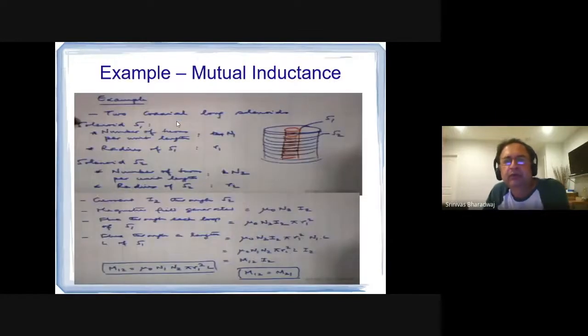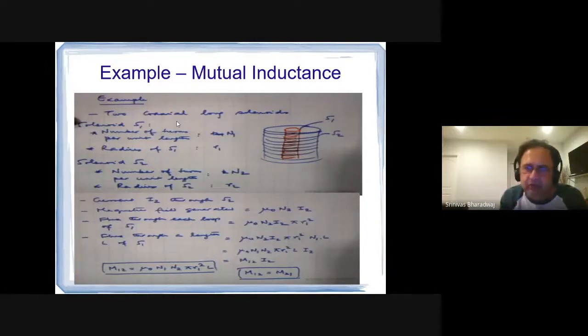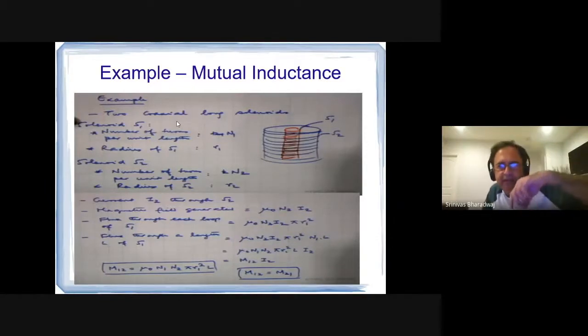Okay, so here are two long solenoids. There is an inner loop which is wound and an outer loop which is also wound. Now you pass a changing current in one, and it produces a changing flux in the other, right? So this is the classic case of the transformer.